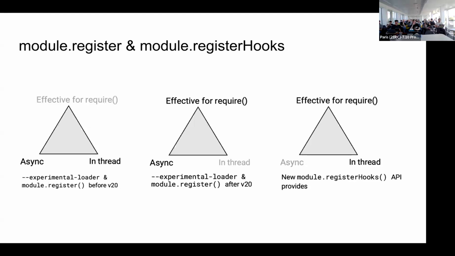So then we added another hook, another API that allows you to do customization that does the other 2. So this is not a replacement. We just add another one that does the other 2. So that if you don't care about asynchronous loading, which I guess is not usually something you actually care about in many cases, because a lot of existing customization of module loading were based on CommonJS module loaders, so they were already asynchronous or have a way to work around it.